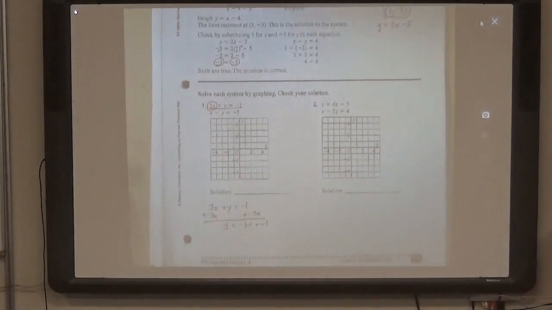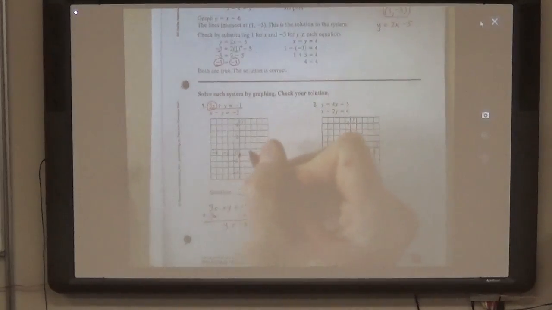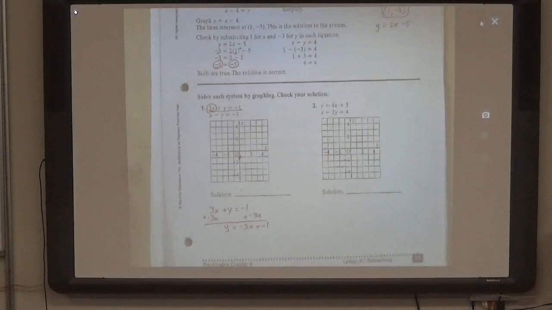So what's the y-intercept? Ava? 1. No, -1. So we mark that point. And then what is the slope, Emily? -3, so we go down 3 and over which direction?